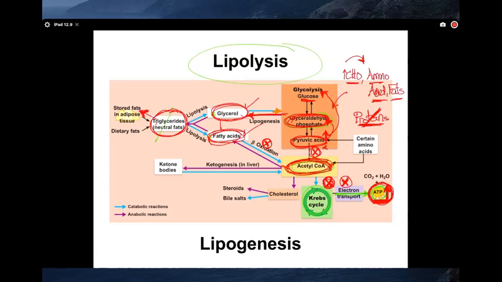I'm building up a lot of acetyl-CoA, so the reactions that will be taking place as you're building up pyruvate and acetyl-CoA, you're going to be allowing lipogenesis to take place. Again, pyruvate is going to be turning into glyceraldehyde phosphate that will then turn into glycerol, and the acetyl-CoA is going to be building up fatty acids. You're going to be binding the glycerol to the fatty acids to build up triglycerides. And those triglycerides are going to be stored in your adipose tissue cells.